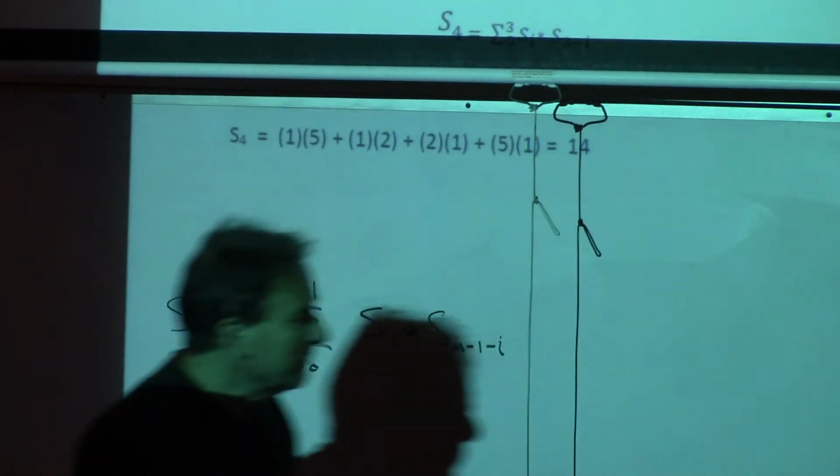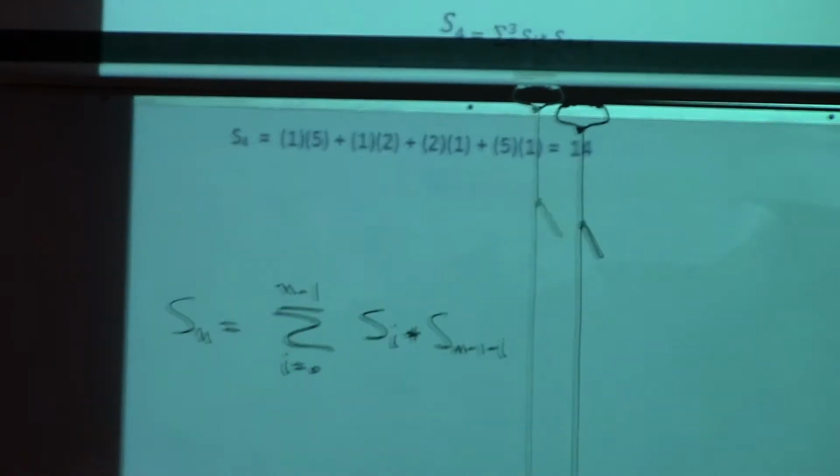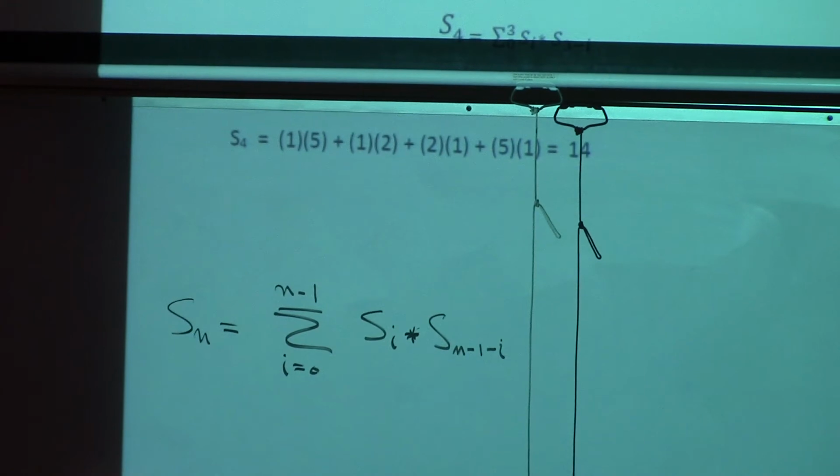If you look at it graphically, actually, notice that S0 times S4 is this product, right? S3 times S1 is this product.